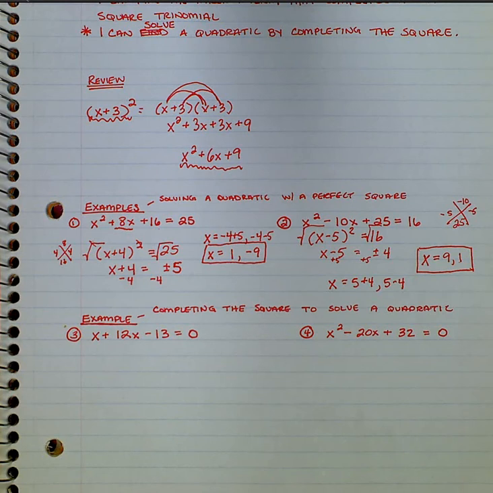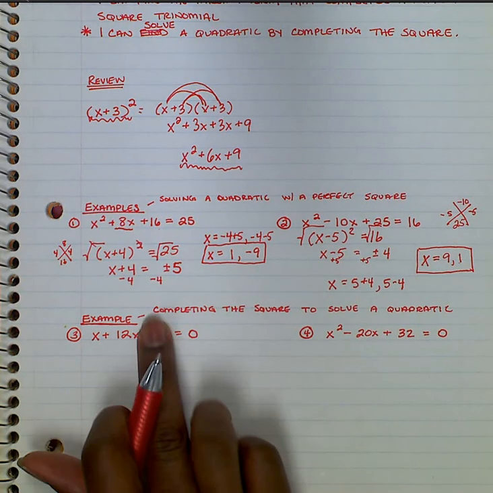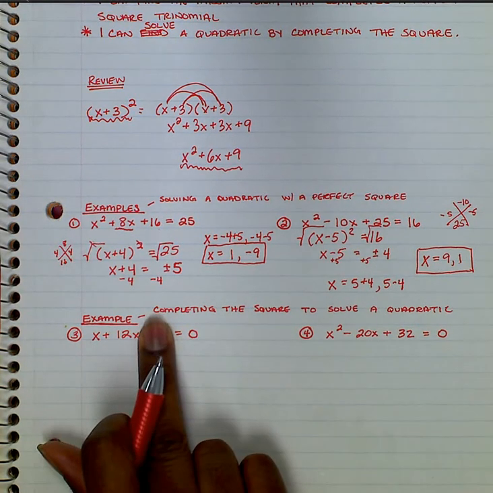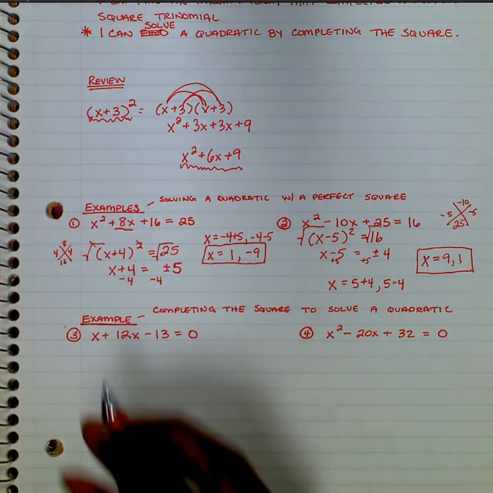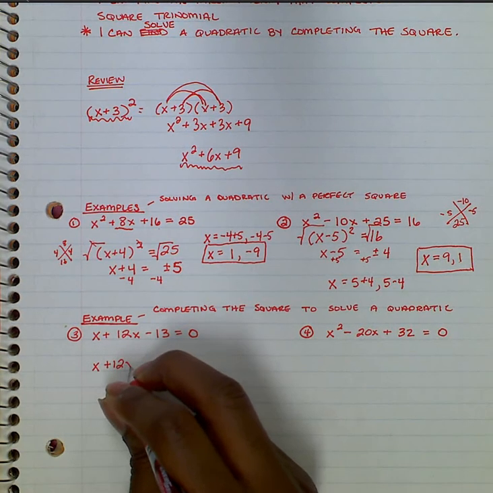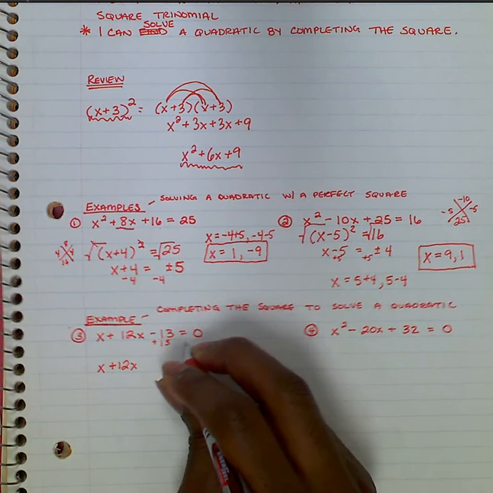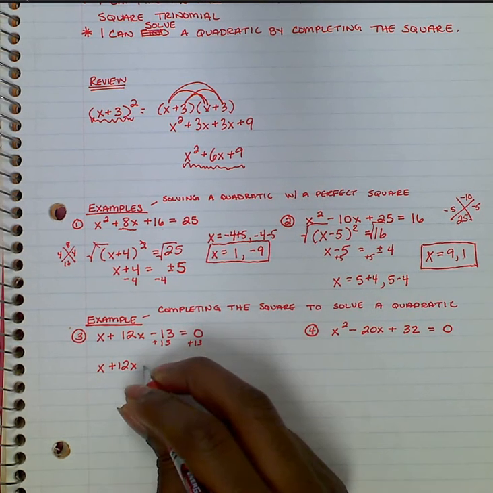Alright, so in order to complete the square, these are the steps that we're going to take. When we complete the square, we want to make sure we have the x squared and b terms on this side. So I'm going to have x squared plus 12x here. I'm going to move the 13 to the other side, because right now it's kind of just in the way.